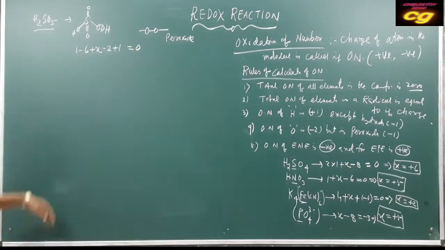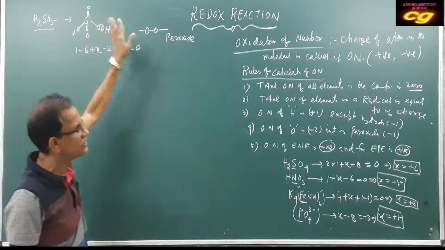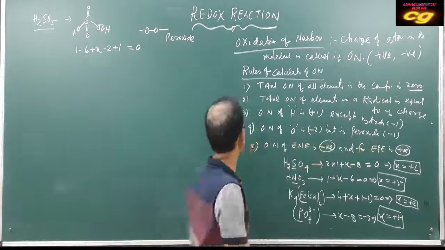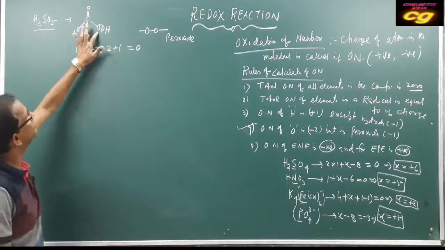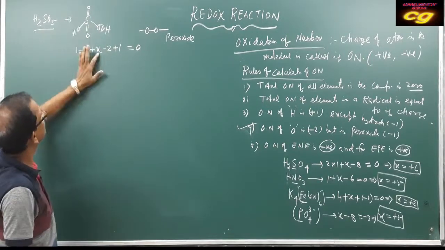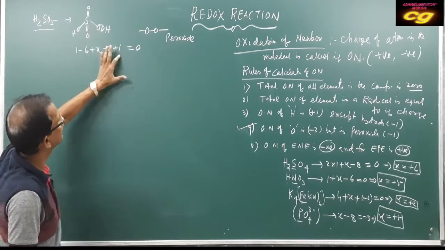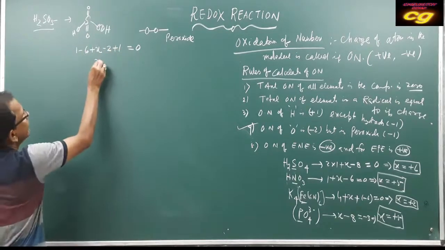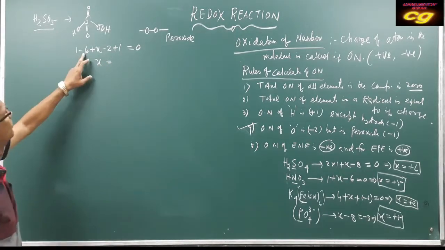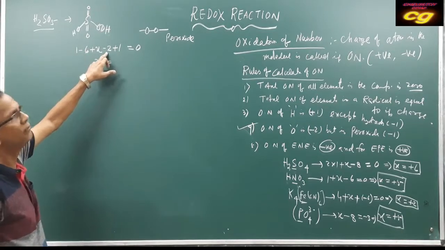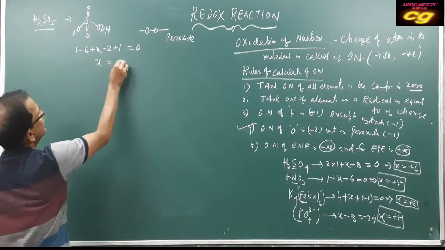Again I am repeating: peroxide means each oxygen carries minus 1 as per the rule. So minus 6, minus 2 is minus 8, and plus 2 is minus 6, so the X value will be plus 6.